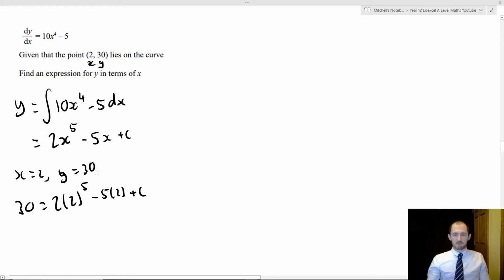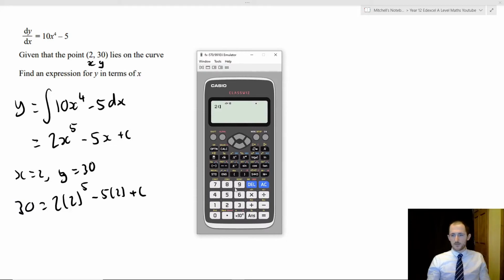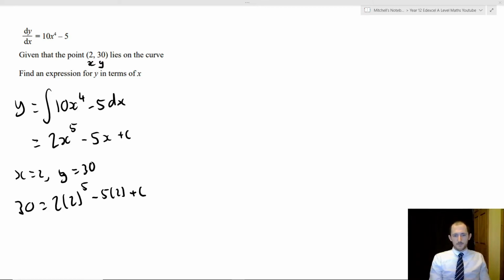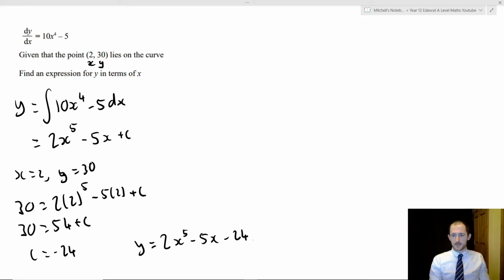So we can just sub that all in on a calculator. So we have 2 to the 5 minus 5 times 2 is 10, so 54, so 30, whoops. 30 equals 54 plus c, so c is equal to minus 24. So that means my equation for y, or expression, is this. Not too shabby.